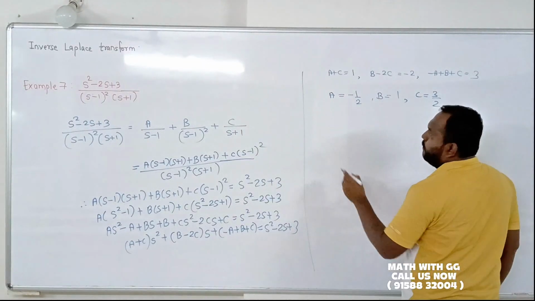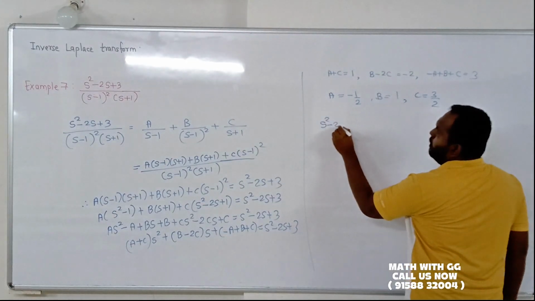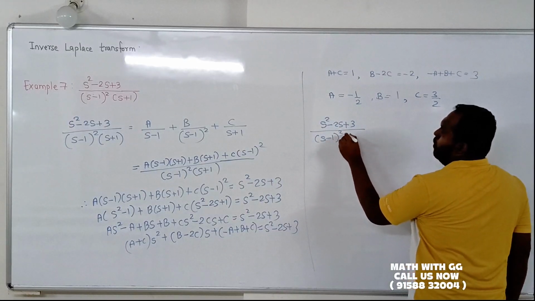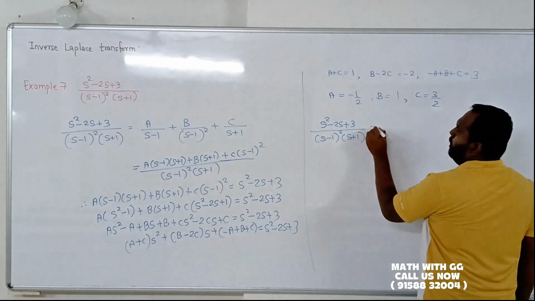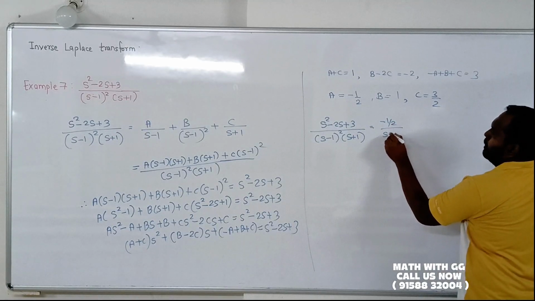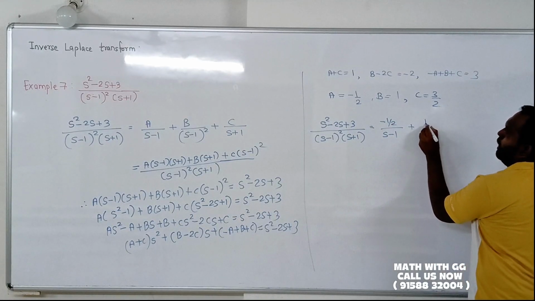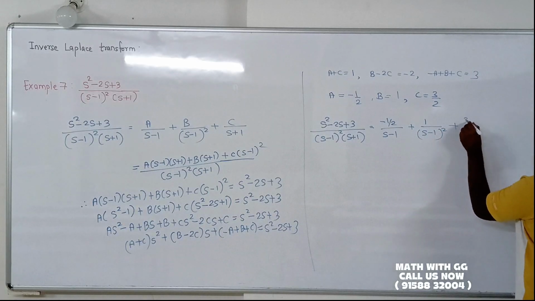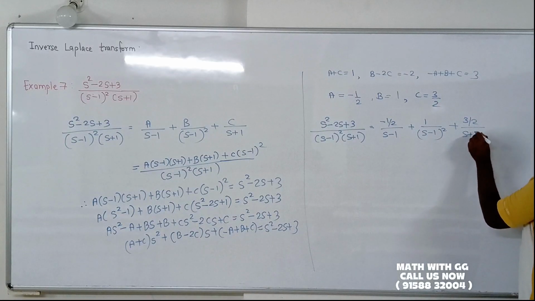Replacing these values in the equation, we get (s² − 2s + 3) upon (s − 1)² into (s + 1) is equal to −1/2 times 1 upon (s − 1) plus 1 upon (s − 1)² plus (3/2) upon (s + 1).